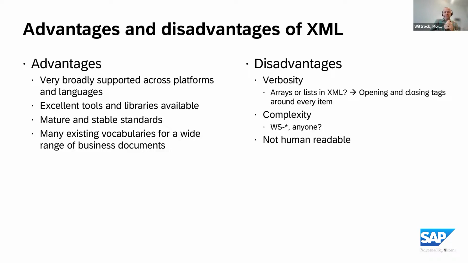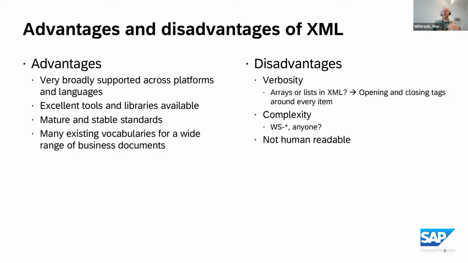What are some of the disadvantages? The number one that gets mentioned the most is likely that XML is very verbose. And that is true. Like you saw on the example document, all the content has a start tag and an end tag.